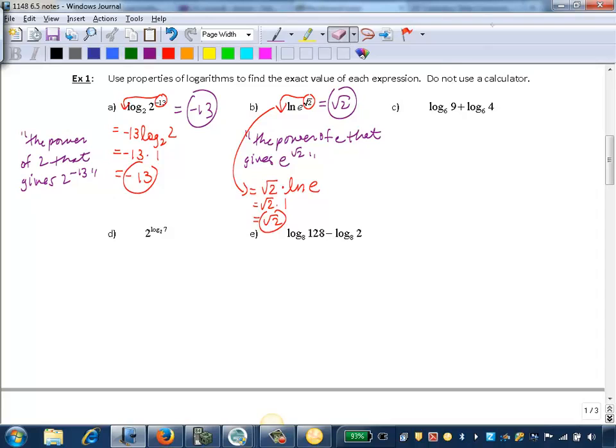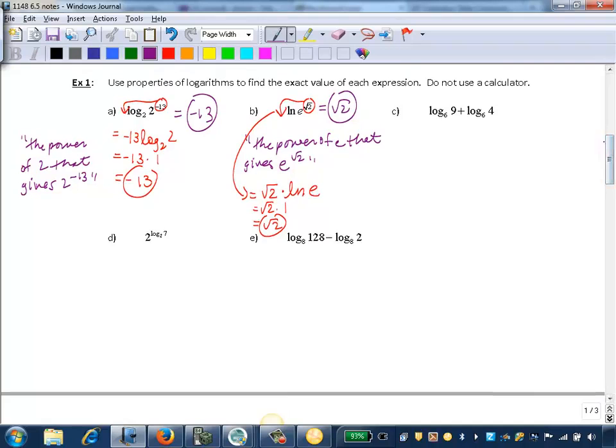All right, let's look at C. We've got the sum of two logarithms, and they have the same base. Since they have the same base, we're going to use the reverse of one of the properties we looked at above. It says if you take the log of a product, you can split it into the sum of the two logs, or vice versa here. If I have the sum of two logarithms, I can combine them together into one. So I can combine this into log base 6 of the product of 9 and 4.